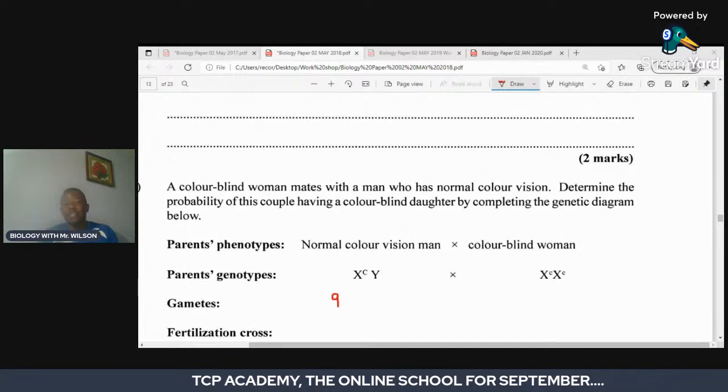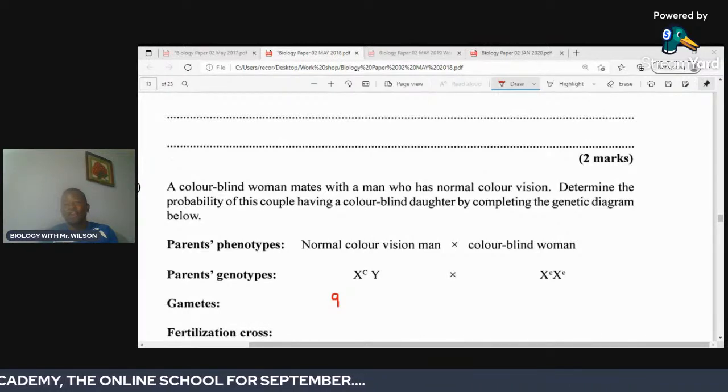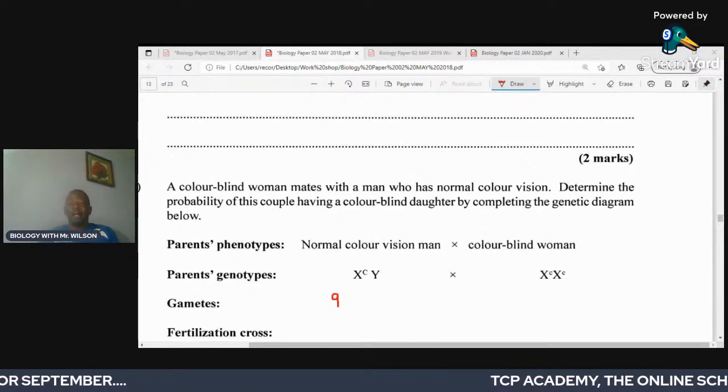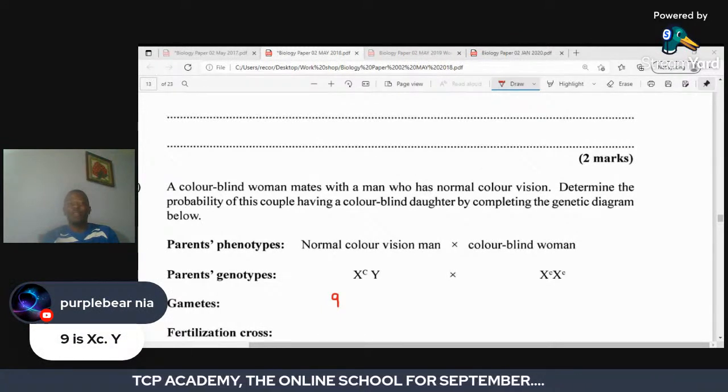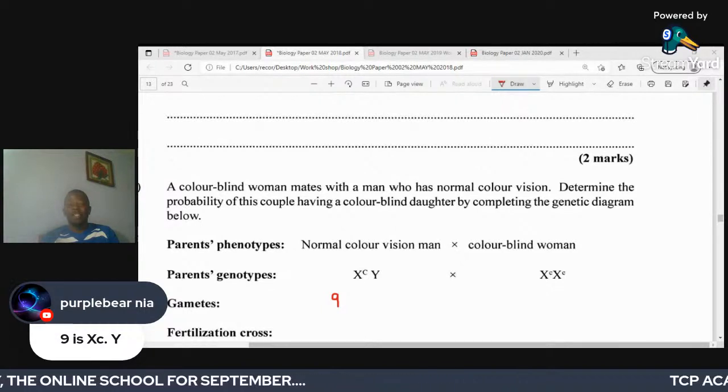So 9 is pretty much where the gamete should be. What should it be? So for 9, it is going to be X with the C, but it is a capital C. I know that this is very small on the screen.